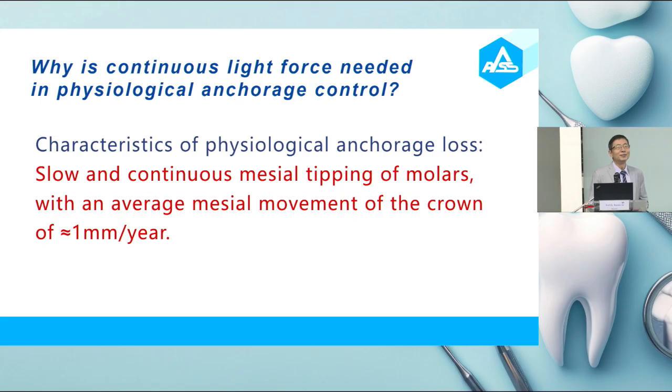Divide by 12. Well, it's difficult. Let's divide by 10. It's easy, right? So that's 0.1 millimeter per month. If we divide by 12, it's less than 0.1 millimeter per month. So we don't need much force to resist this small amount of tipping forward.